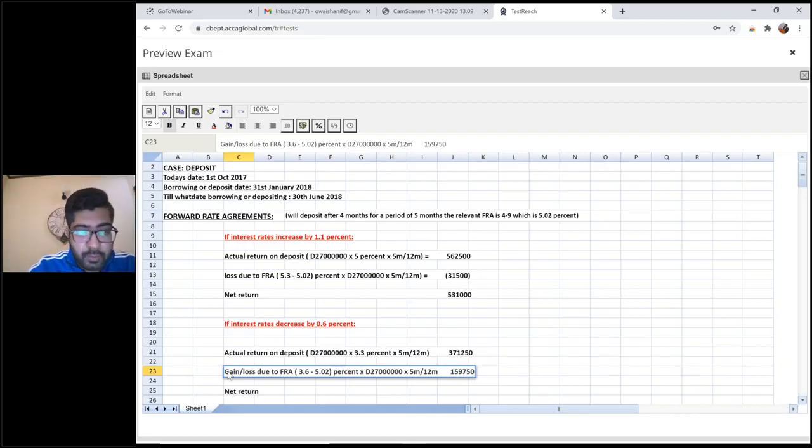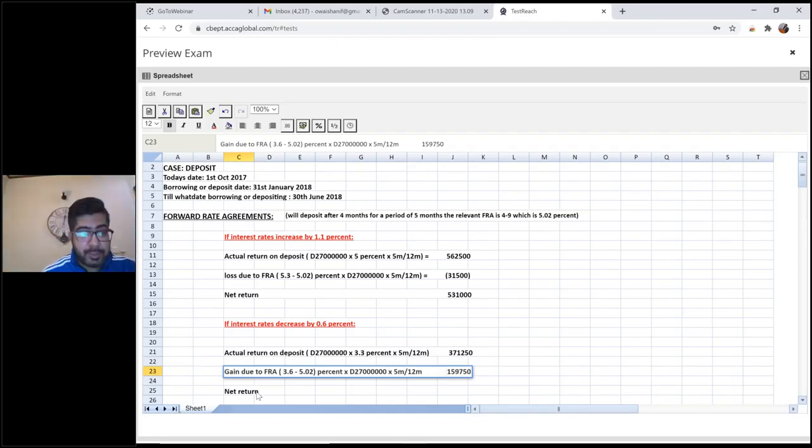Last thing, it's a gain or loss; will it be added or deducted? So note, the rates decreased by 0.6 and became 3.6, but you locked the rate through FRA at 5.02. It's a deposit case. Did you get a gain or a loss? You got a gain. A gain will increase return, therefore add it.